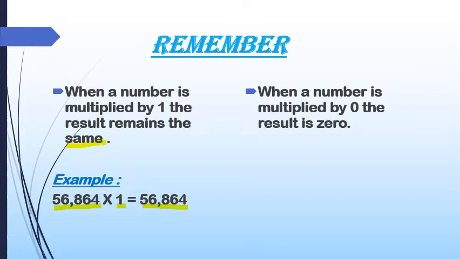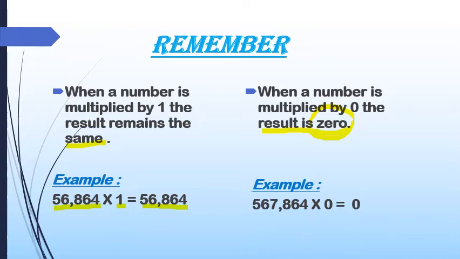And when a number is multiplied by 0, the result is 0. Here is the example. In the given example, the number 567,864 is multiplied by 0, and we get 0 as the answer.